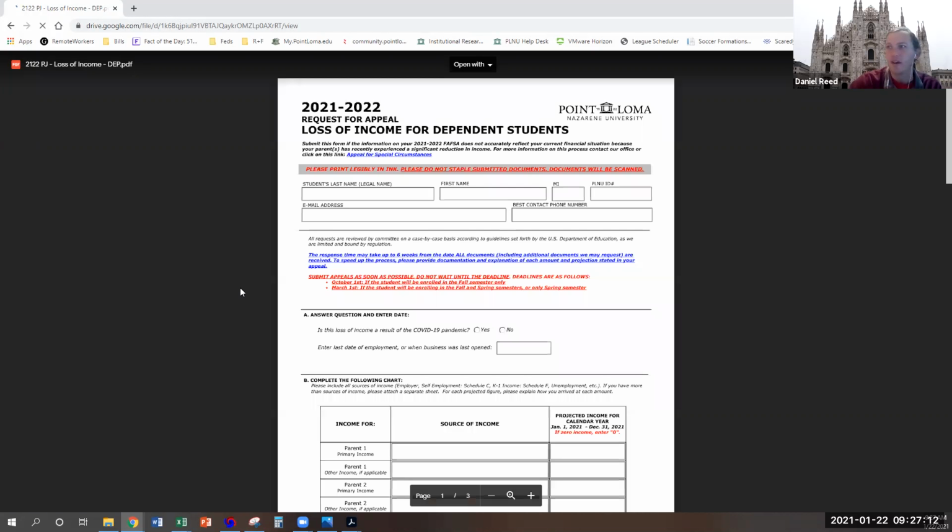And it should look very familiar, because we didn't change much content on these, just the idea of splitting them out. So this is a 3-page form instead of the 5 or 7, whatever it was before, to try to get specifically at the information that we need to make a decision on this income change.